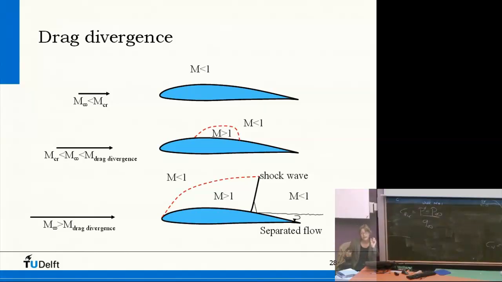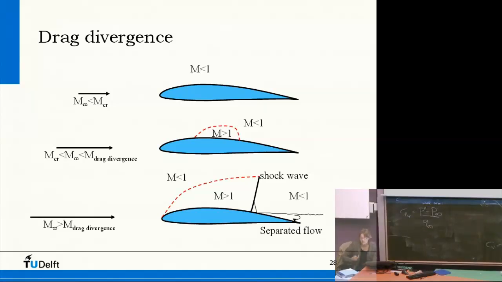If I'm slightly above the critical Mach number, I have a very, very small blob of supersonic flow. So the flow is speeded up on top of the airfoil beyond the speed of sound, and then slowed down again. Very weak shock, very small area, not a major effect yet.